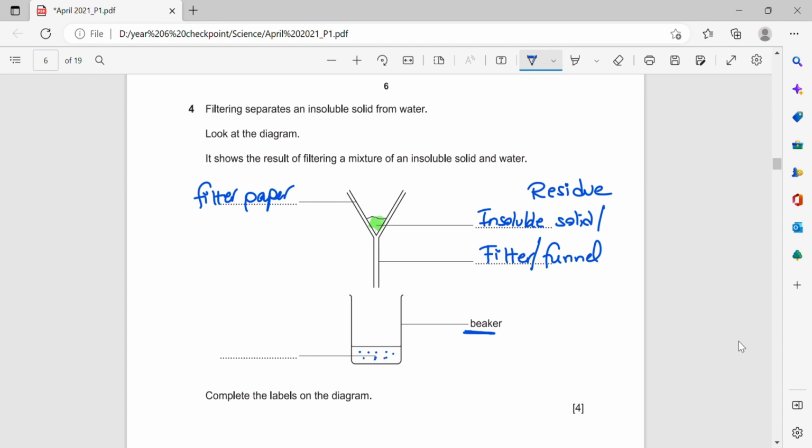Here, this is the water, because here it's written insoluble solid from water. So the insoluble solid will remain on the filter paper, and what comes down is the water, or in other words we call it the filtrate. So if you write water or filtrate, both are considered correct.